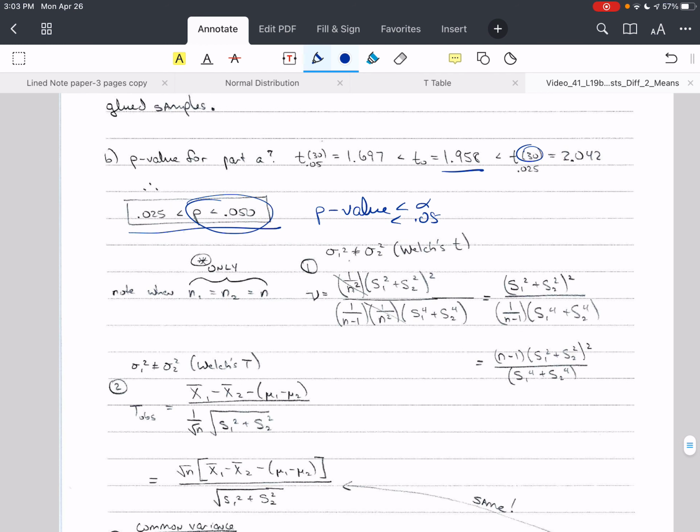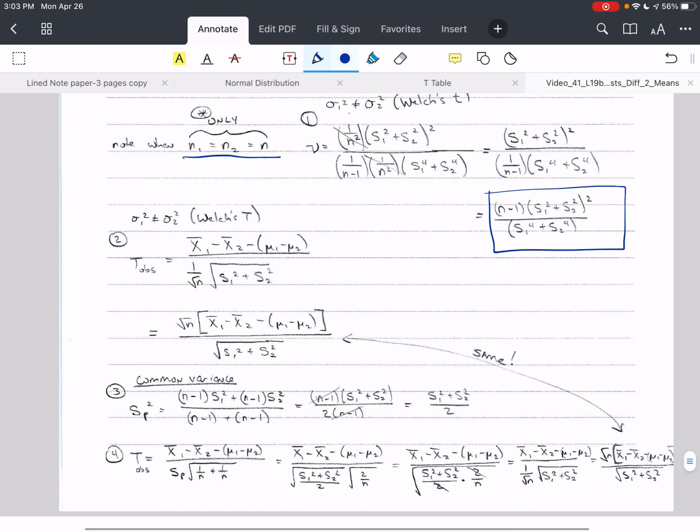So I've done some calculations here for you. I'll let you do this. But when we have N1 equals N2 equals N, then the degrees of freedom, the nu, reduces to this. So I just wanted to show you these easier formulas.